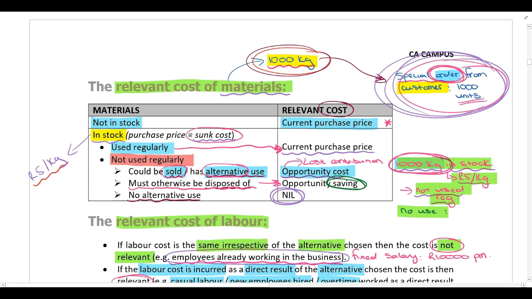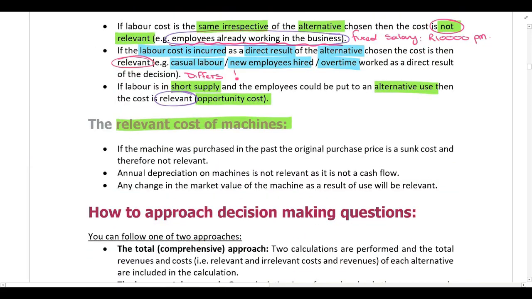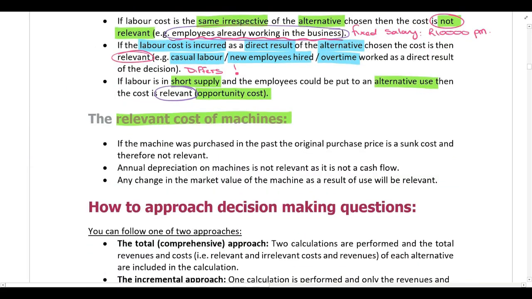So if I'm losing out on anything as a result of this order, because my employees can't be working on something else, I then have an opportunity cost. And please remember, opportunity costs are always relevant. We said above, when we are using the incremental approach.